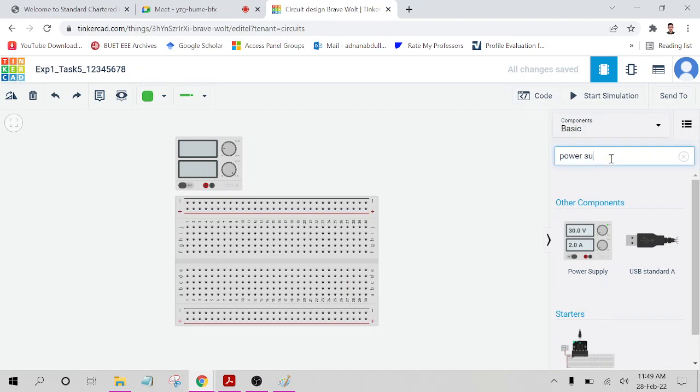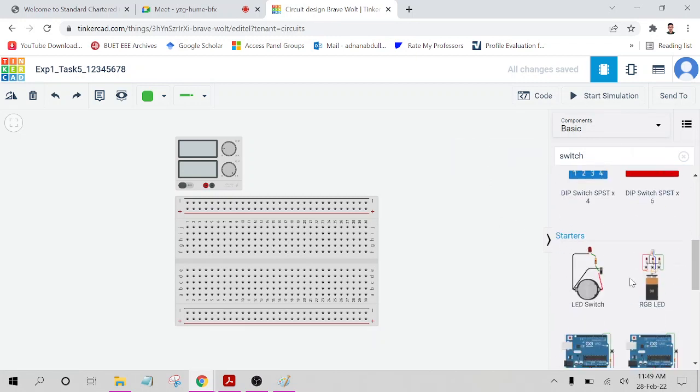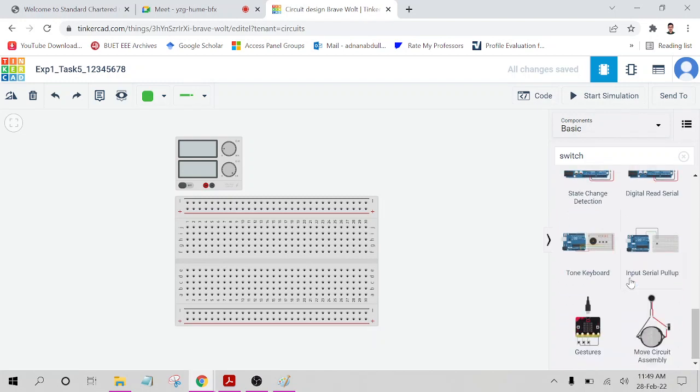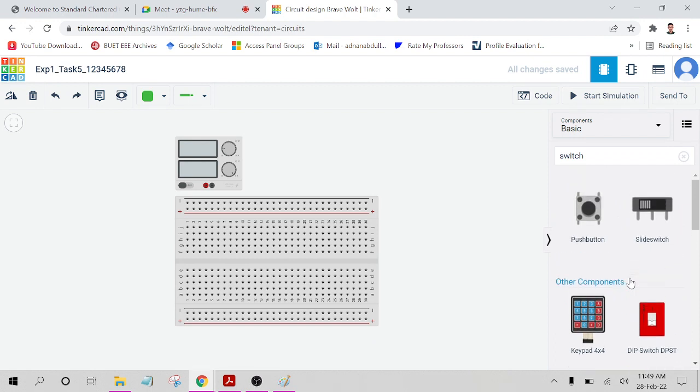Now the main thing, 2 SPDT switches, right? Search for switch in the taskbar. Now can you see any SPDT switch? There is nothing called SPDT. The name is different here. In Tinkercad, the SPDT is named as slide switch. Hopefully everyone can see this slide switch here.